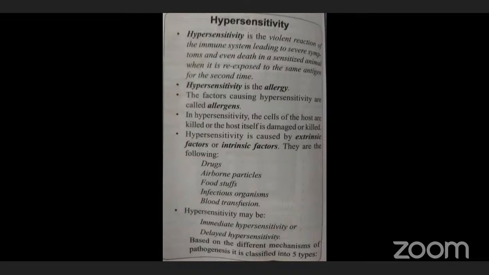And administration of LAK cells and IL-2. And interferon therapy. Interferons reduce certain types of cancers like renal cancer, myeloma, sarcoma, lymphoma, and hairy cell leukemia. So those are cured with the help of interferon therapy.